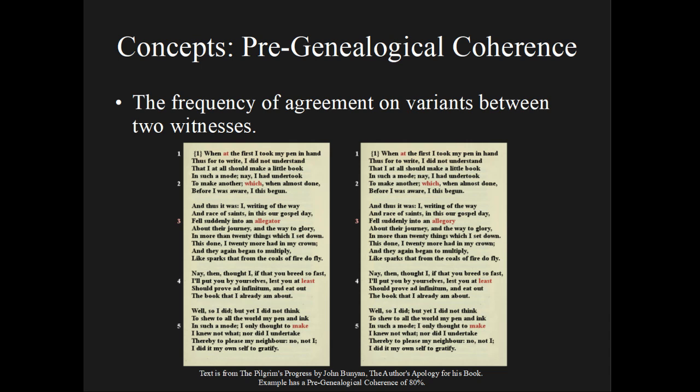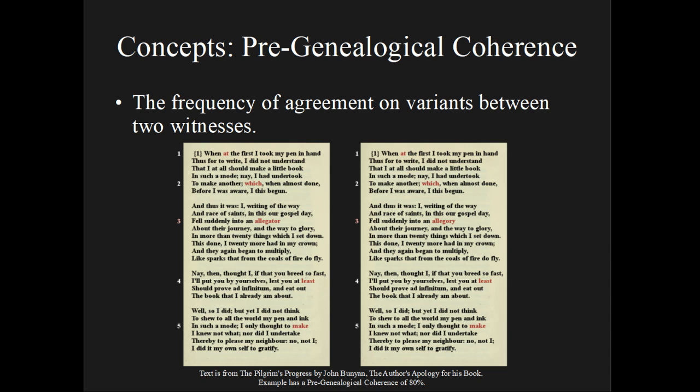We have 5 places here, and only at one place do these two manuscripts disagree, and that's at number 3. You see that fell suddenly into an alligator or fell suddenly into an allegory.